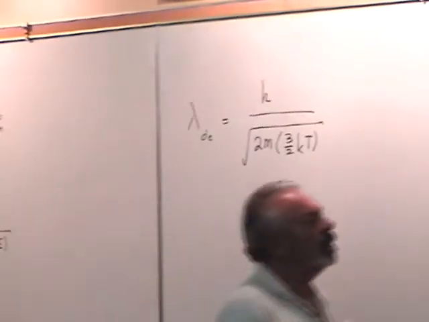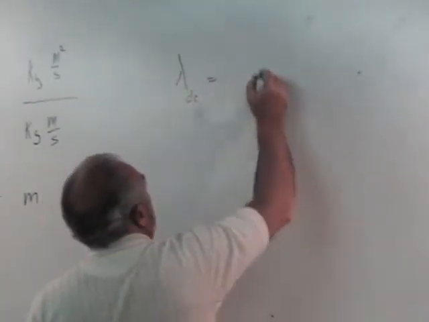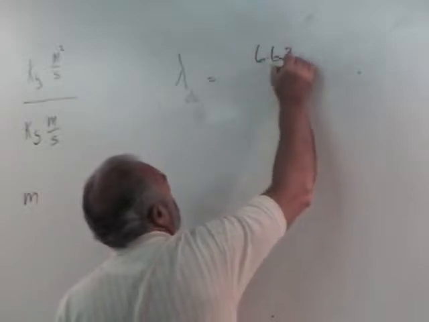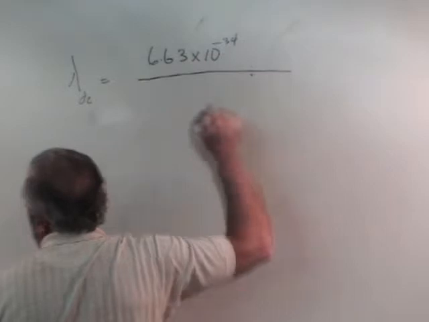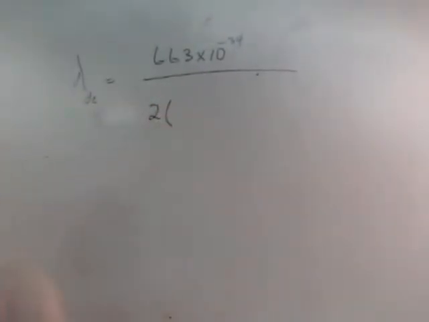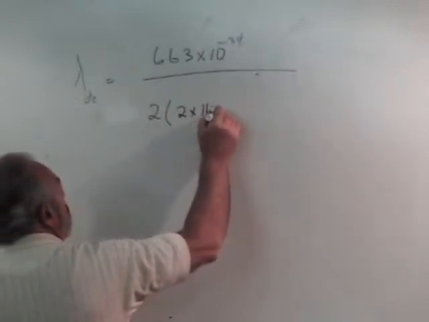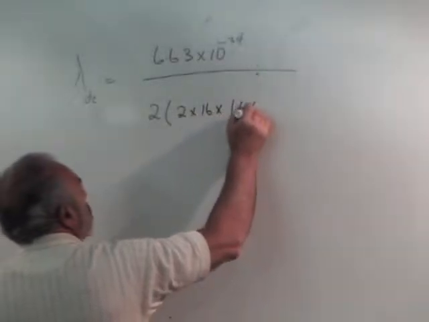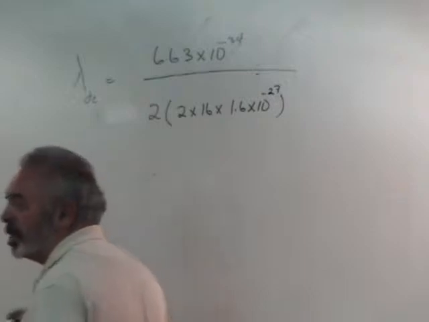So let's do it over here because I need more room. So lambda de Broglie is going to be h, 6.63 times 10 to the minus 34, divided by twice the mass. How about I write this? 2 times 16 times 1.6 times 10 to the minus 27. Does that make sense for the mass?